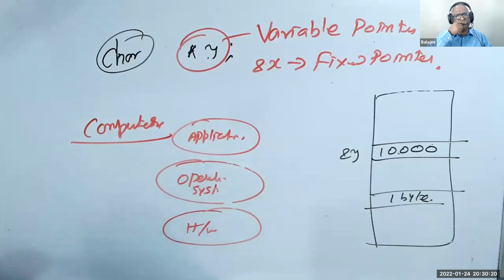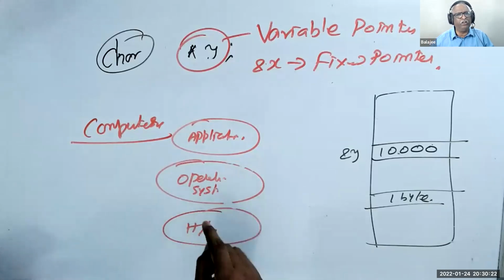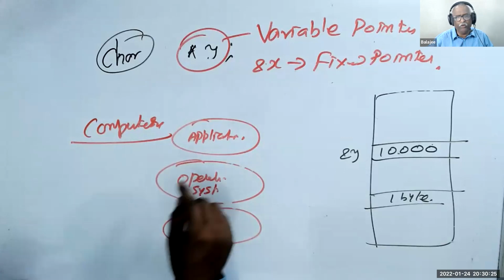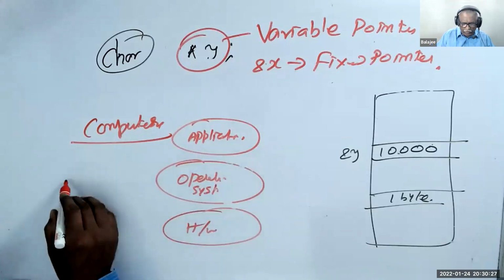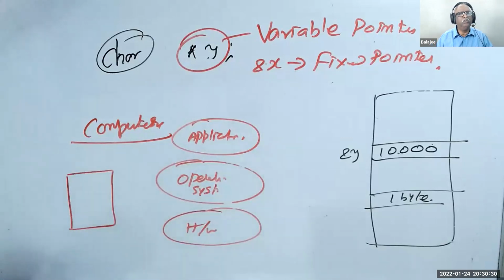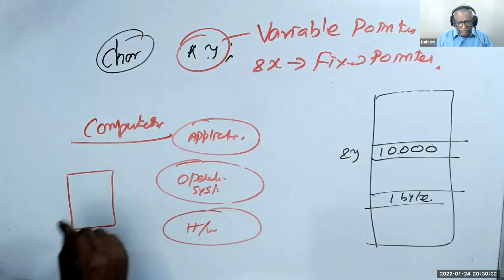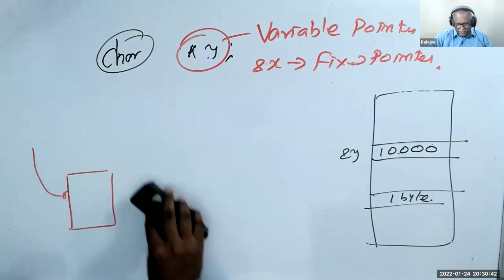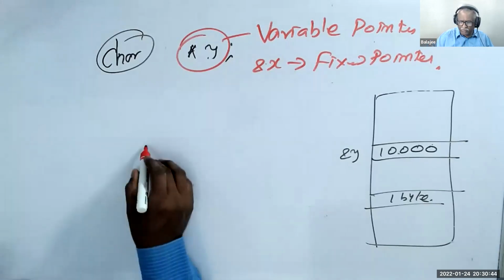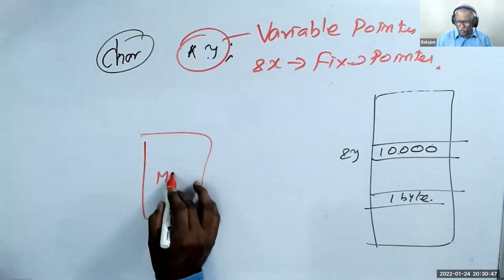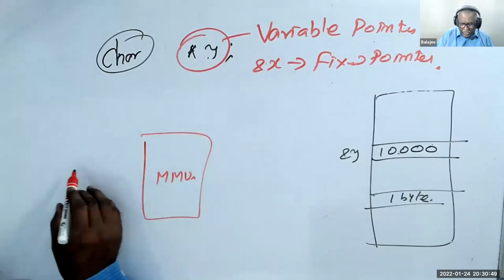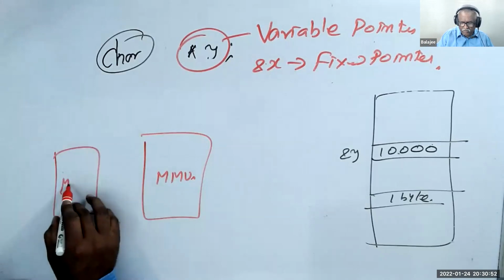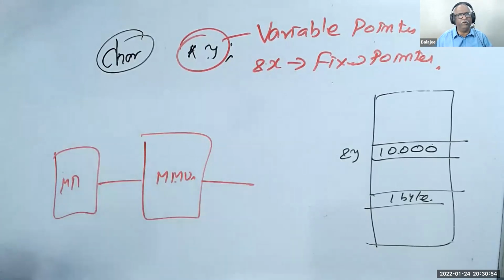The operating system does not allocate all the memory for you. When you run an application, it allocates some memory locations for you. If you try to use other memory locations than what is allocated for you, it will give you an error. All systems have something called a memory management unit, and every address given by the microprocessor goes via the memory management unit.